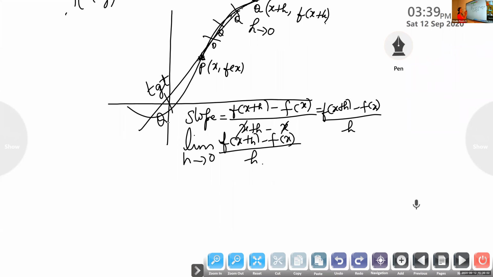That means it can approach P either from the left hand side or from the right hand side. So now we are going to see the left hand derivative and right hand derivative.